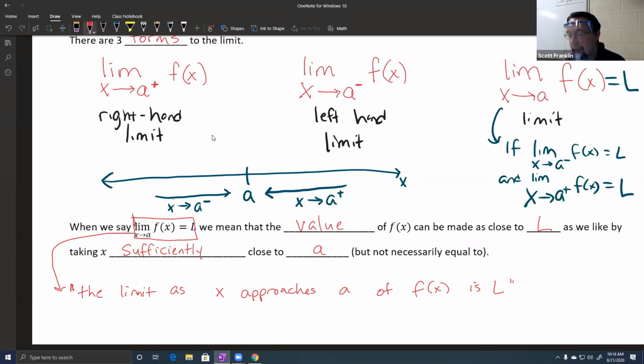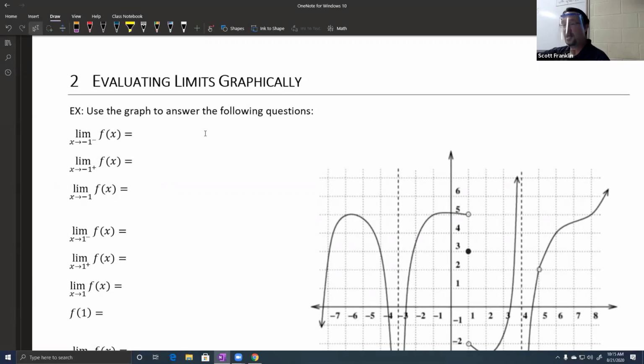So when we say the limit as x approaches A of f of x is L, what we mean is that the value of f of x can be made as close to L as we like by taking x sufficiently close to A. First way I want to teach you is graphically.